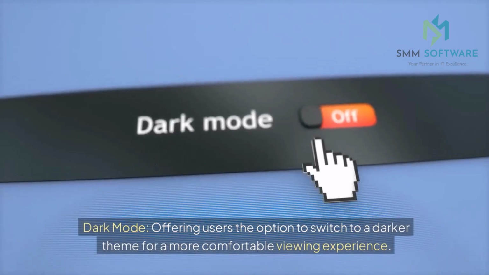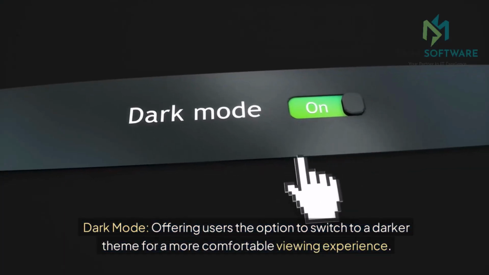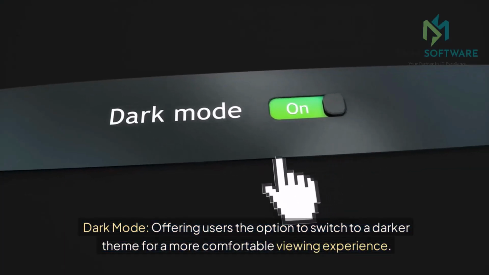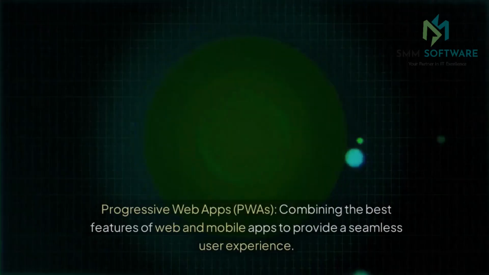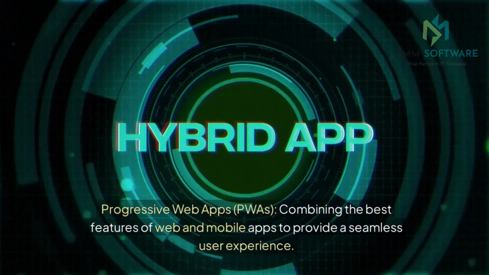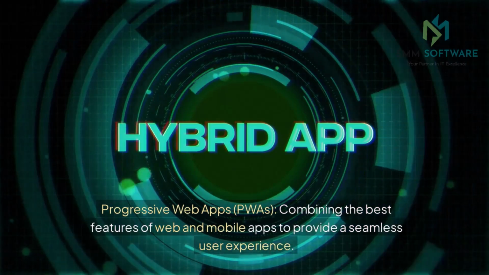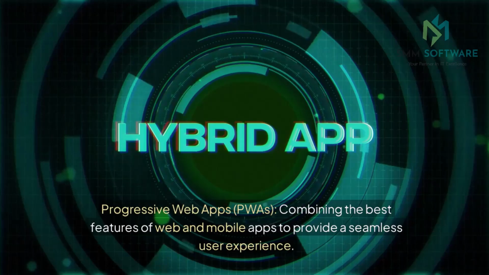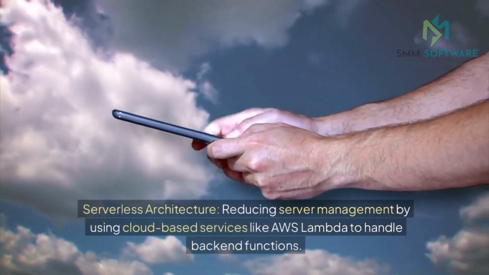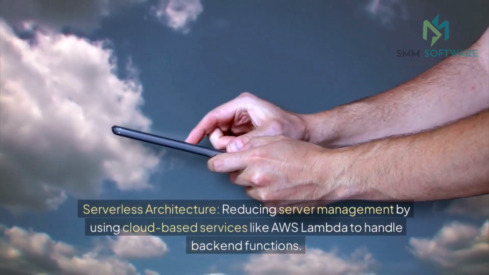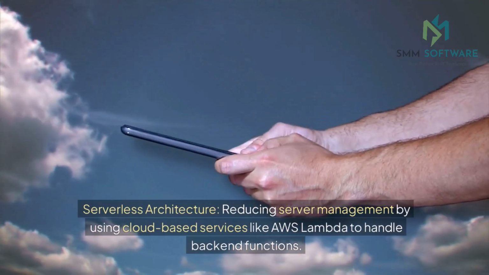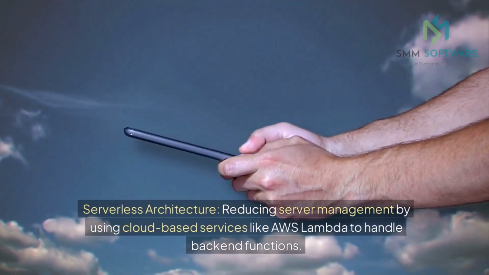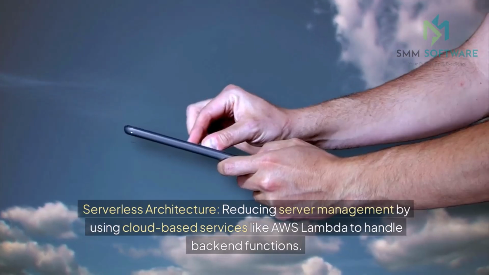Dark mode, offering users the option to switch to a darker theme for a more comfortable viewing experience. Progressive web apps, PWAs, combining the best features of web and mobile apps to provide a seamless user experience. Serverless architecture, reducing server management by using cloud-based services like AWS Lambda to handle back-end functions.